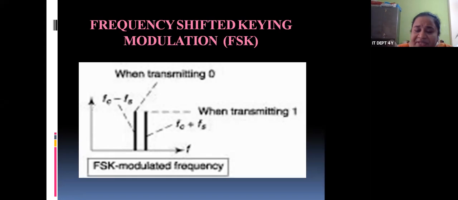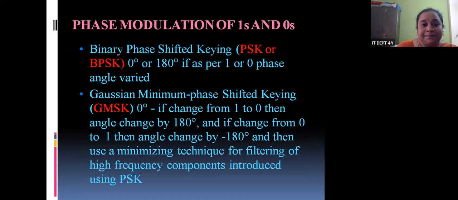If only two frequency levels are sent using ones and zeros, then Fc minus Fs is represented with 0 or 1, and Fc plus Fs with 0 or 1. Only two values are used here, for representing either the frequency levels or the amplitude levels. Right. And coming to phase modulation using ones and zeros.